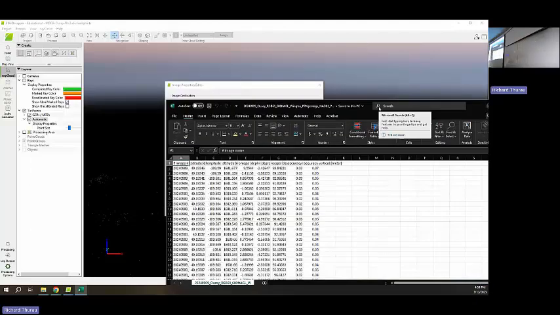So the basic information within this file is we have an image name column, right? So that's simply going to match with all the images that are within the project. Then we have a latitude, a longitude, an altitude, and then we have these things called omega, phi, and kappa.